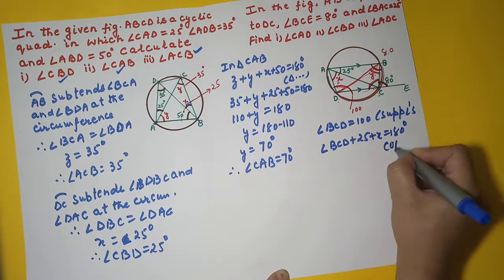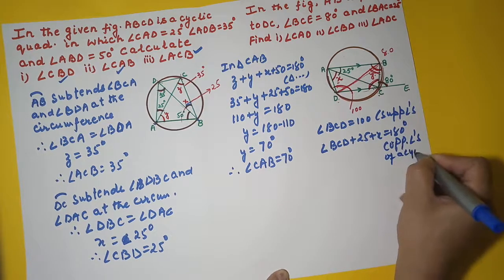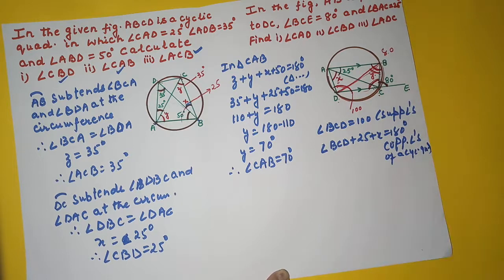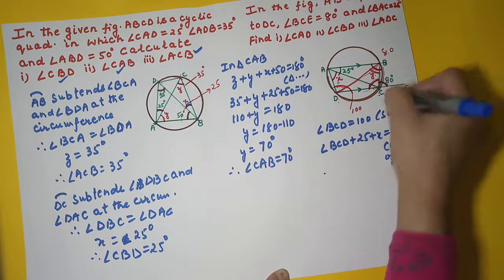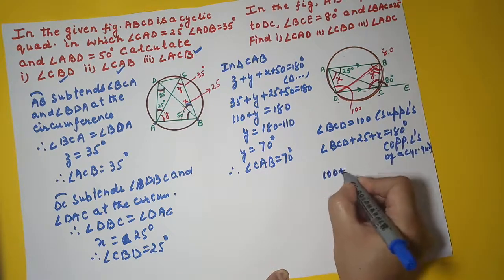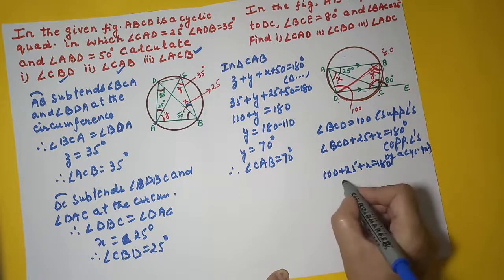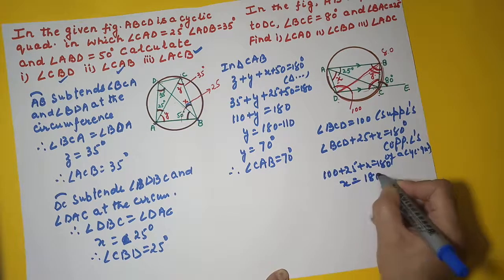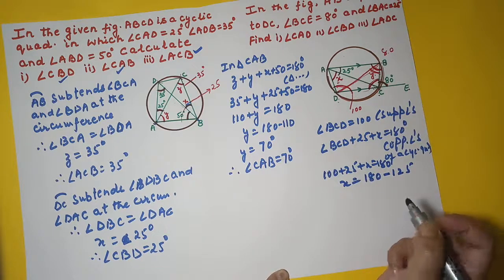Why? Opposite angles of a cyclic quadrilateral, right? So your BCD, you already have 100. So 100 plus 25 plus X equal to 180.